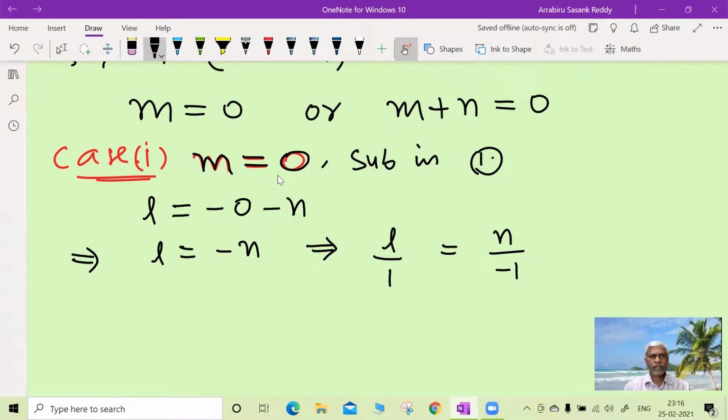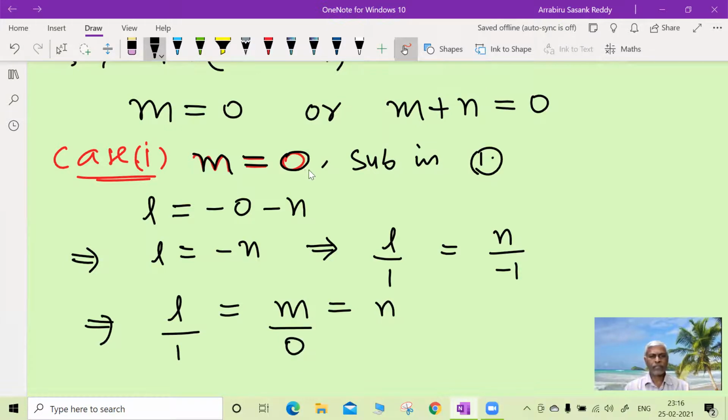So using m is equal to 0, l, m, n are proportionate to 1, 0, minus 1.